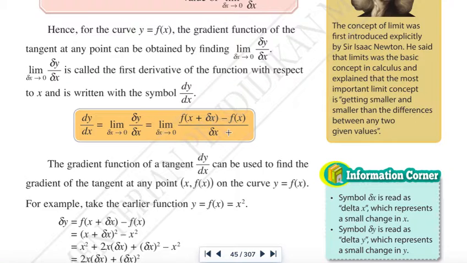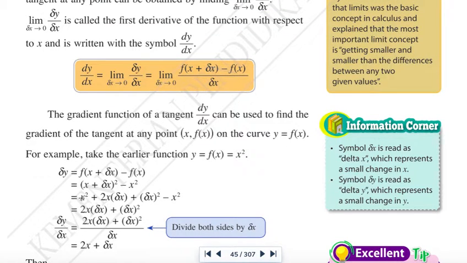Remember this enough. And delta y, whenever there's a function, you see here, this x squared, right? So the x squared, when there's x here, I plus the delta x here. And then minus the f(x).